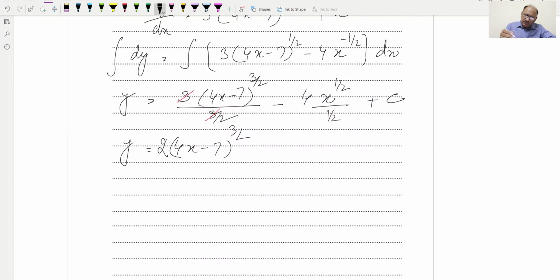Basically we missed the derivative of this one also, we have to write, and that will be 4 over here, and the 4 will be cancelled, so 2 2s are 4, so we will get 2 as the denominator.